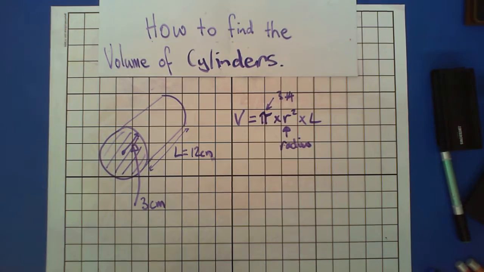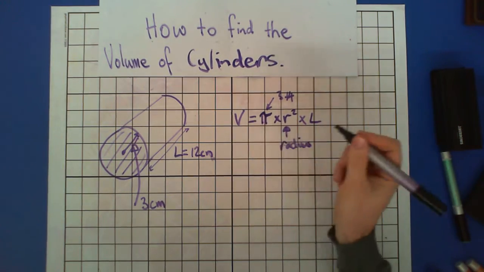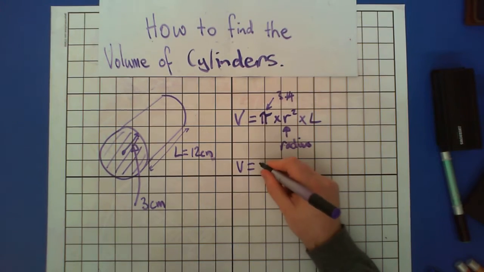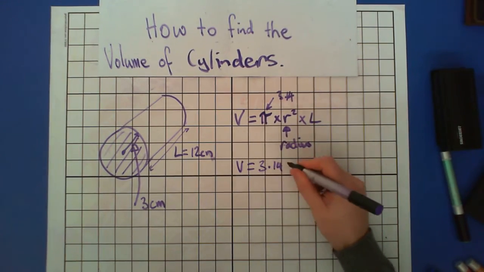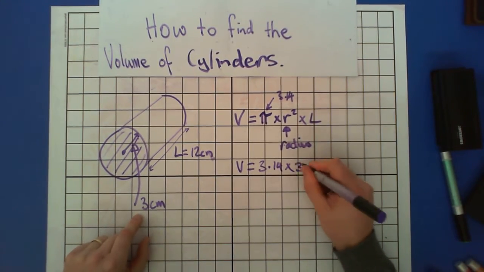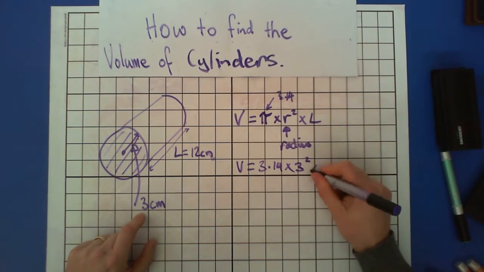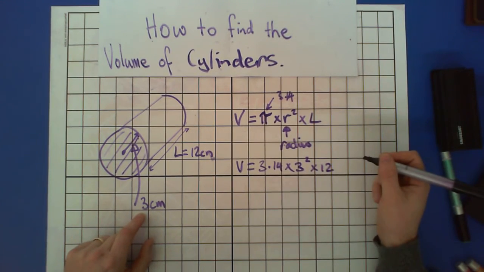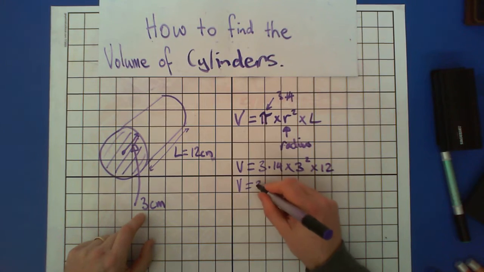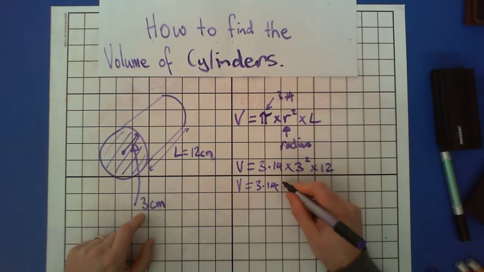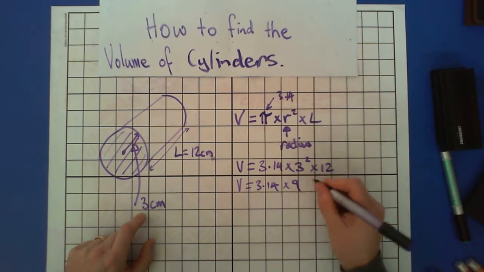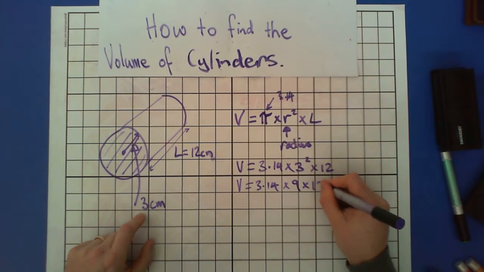Our volume, V, equals pi, which we'll say is 3.14, times our radius squared, which is 3, times our length, which is 12. So we get a volume of 3.14 times 3 squared, which is 9, times 12.